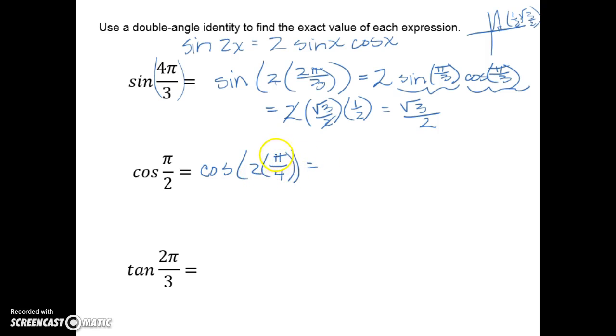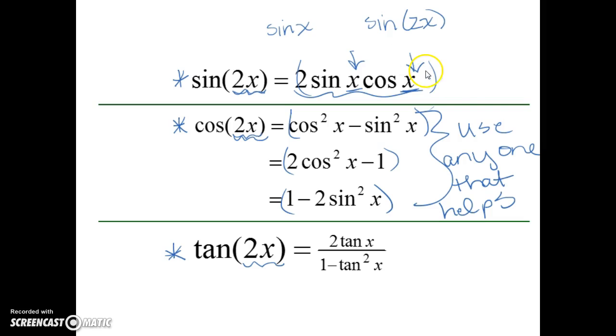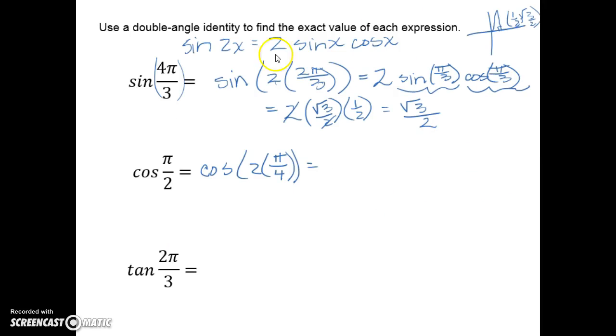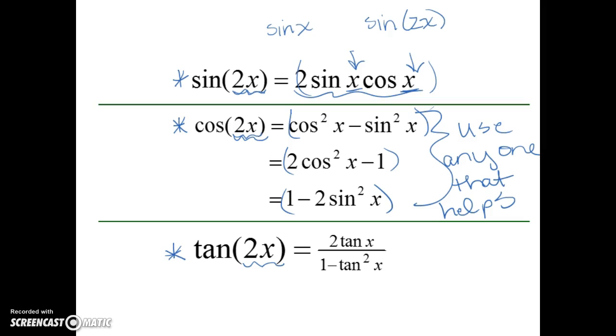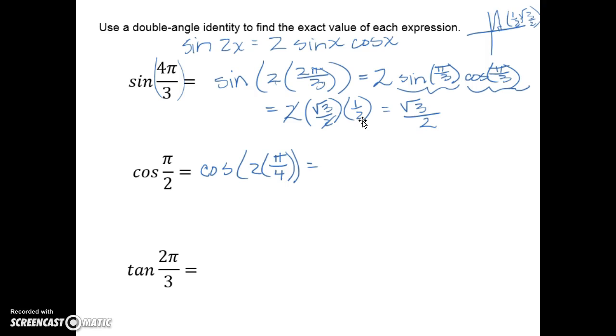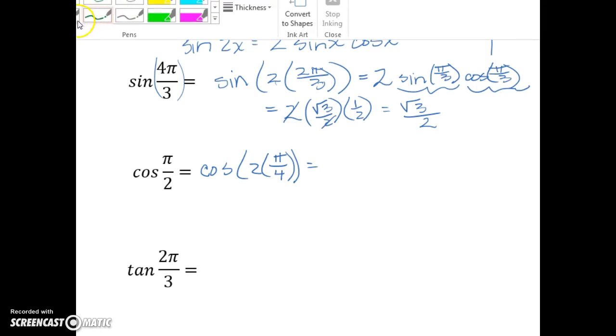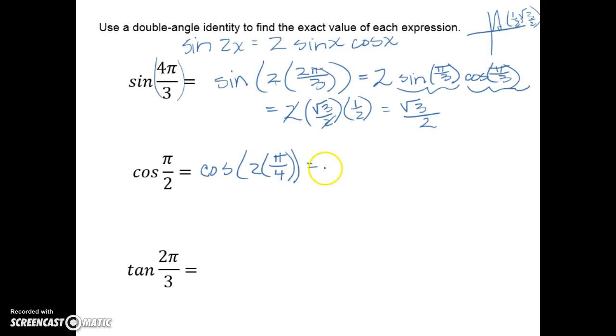So 2 times pi over 4 does give me pi over 2. So we can go back. We can choose any of these that we want. It doesn't matter. We'll just choose the top one. Cosine squared minus sine squared. And that's of the single angle measure, which for us is pi over 4. So let's just use that to substitute that value in.